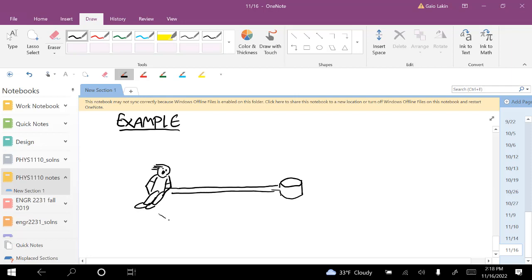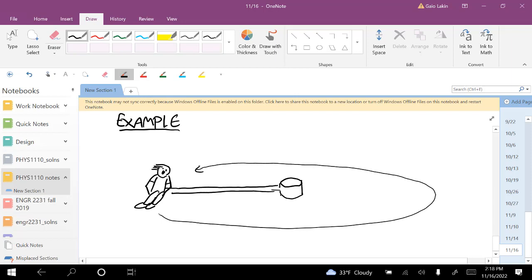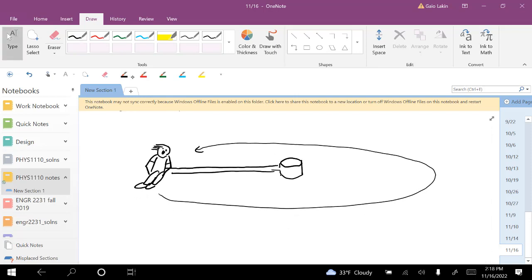Okay, so it's going around in a circle like this. And let's say that this distance is 4 meters.